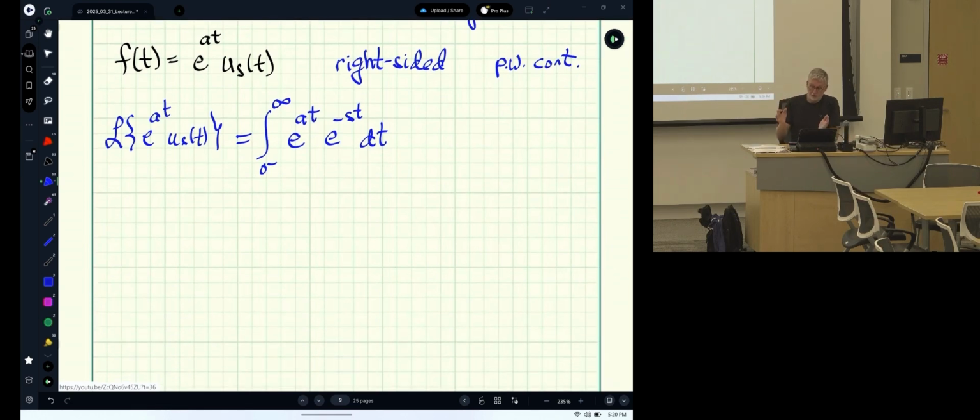We have a product of exponentials. The natural thing is to add the exponents. So we continue the limits for the moment, and we just do algebra.